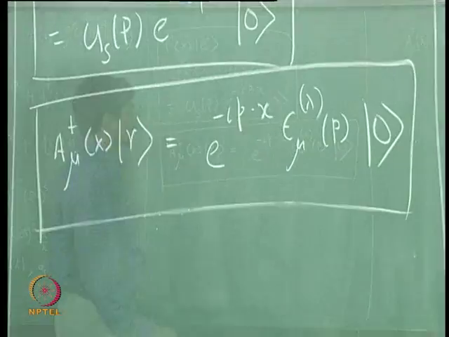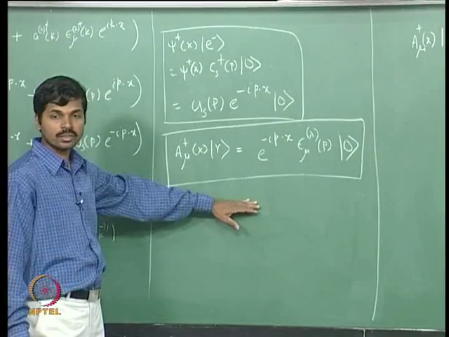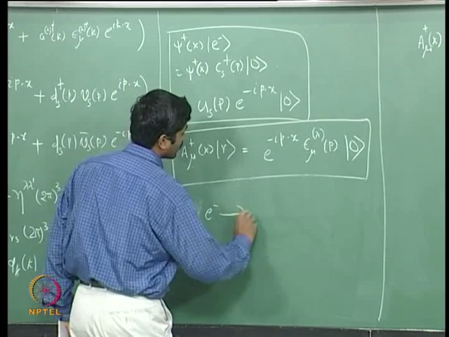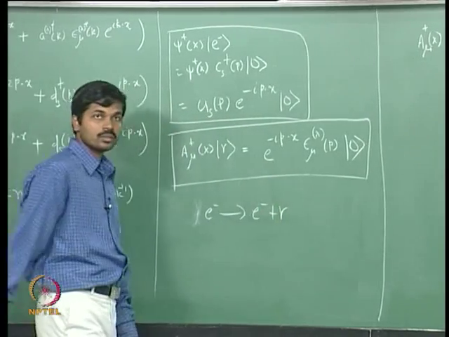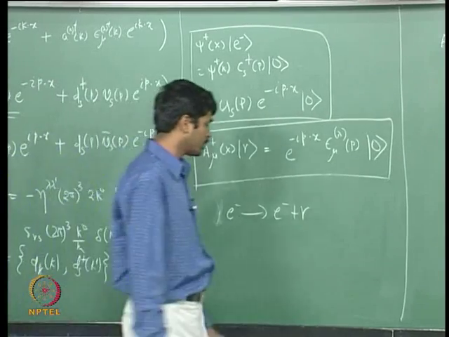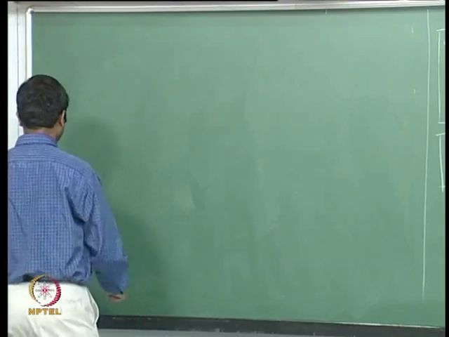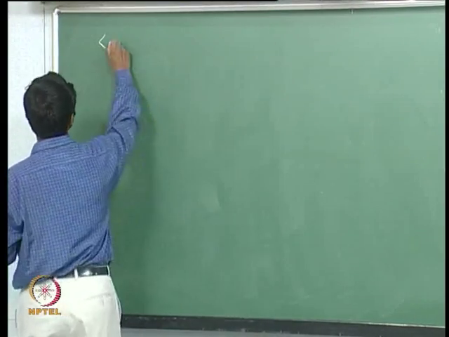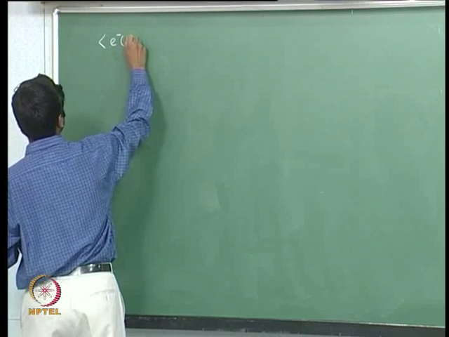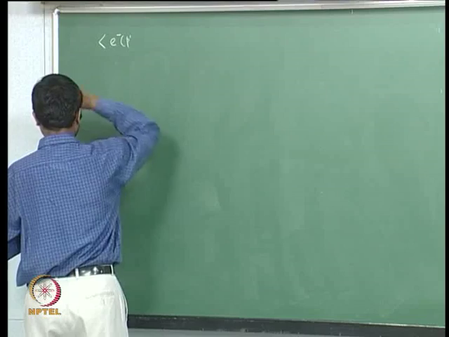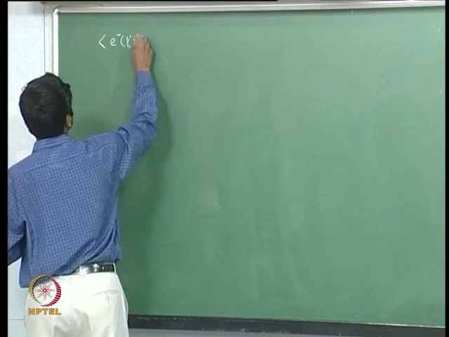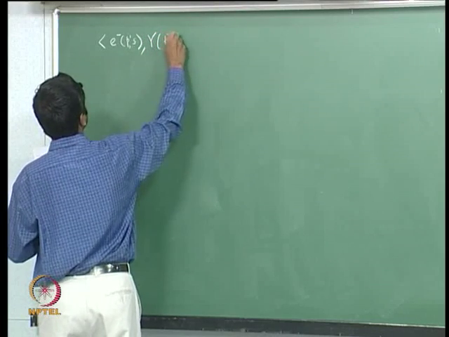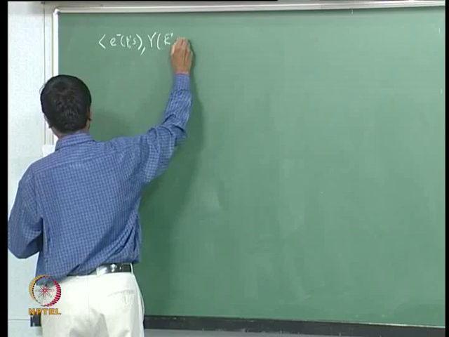So, we will now use these two results and their conjugates to evaluate the amplitude for this process e^- going to e^- plus γ. So, let us do that. What we need is we have an outgoing electron of momentum p' and polarization s', and you have an outgoing photon of momentum, let us say k', and polarization λ.